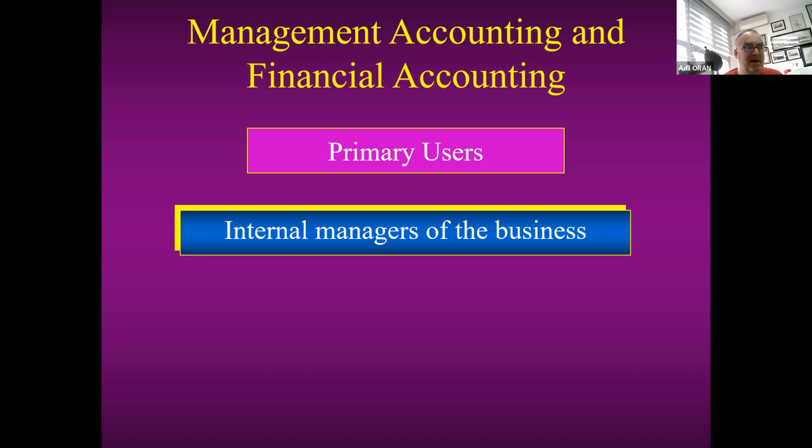So in management accounting, the primary users that we care about are managers inside of the business. These are people making decisions on behalf of the company, like what markets should we get into, what products should we produce, how much should we produce, where to build the new factories, how to price the items, and so on. So these are the types of decisions that need to be made.